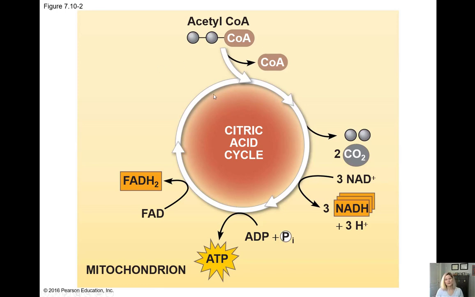And these 2 carbons that were invested in the citric acid cycle will eventually get stripped to form 2 carbon dioxides. So you see the 2 carbons, and now you have 2 carbon dioxides. Okay. In the process, we're going to be stripping electrons. And by stripping electrons, we're going to form 3 NADH and 2 ATP and 1 FADH2, okay, per acetyl-CoA, or the initial one.